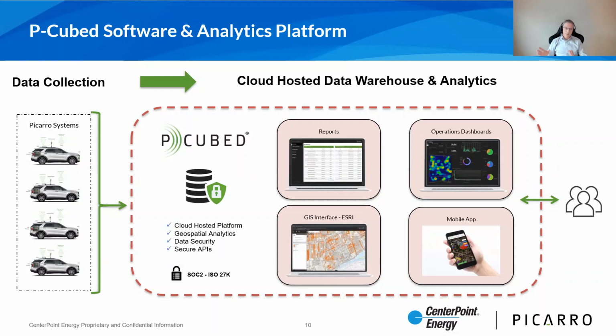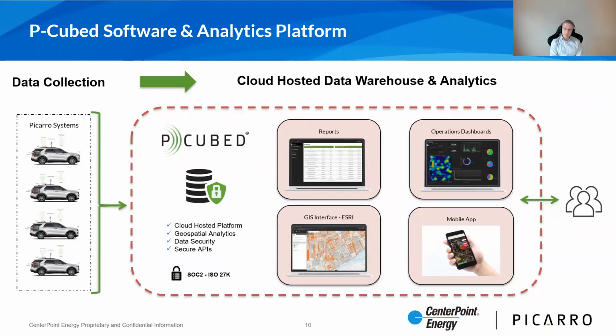So if you look at typically what the outputs of an ALD platform can be, we provide flat reports that can be used for a number of use cases. We have operation dashboards to monitor the performance and KPIs for the platform. We have built a state-of-the-art GIS interface, leveraging Esri and ArcGIS.